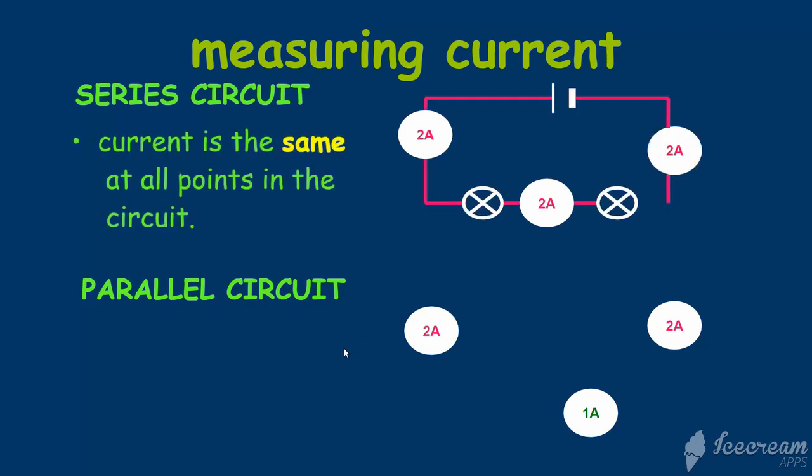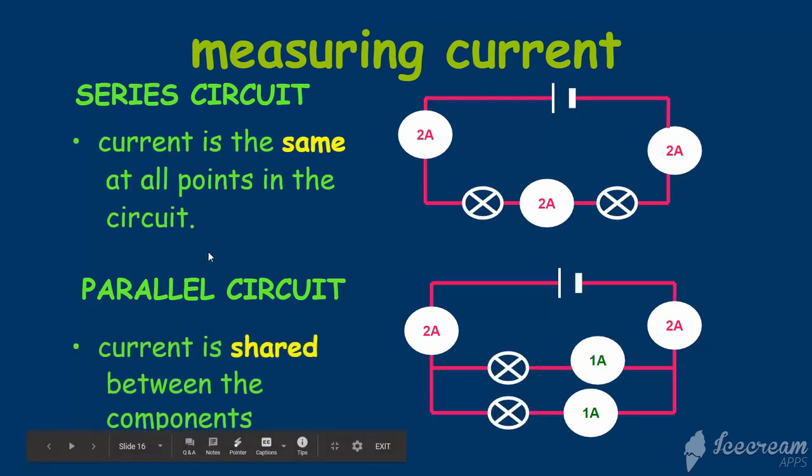Let's see what happens in a parallel and in a series circuit if we measure the intensity of the current. If you measure here, here or there, wherever you measure the current in all this circuit, you are going to get the same, because current, as I have explained, is the number of electrons passing, and you don't lose electrons.